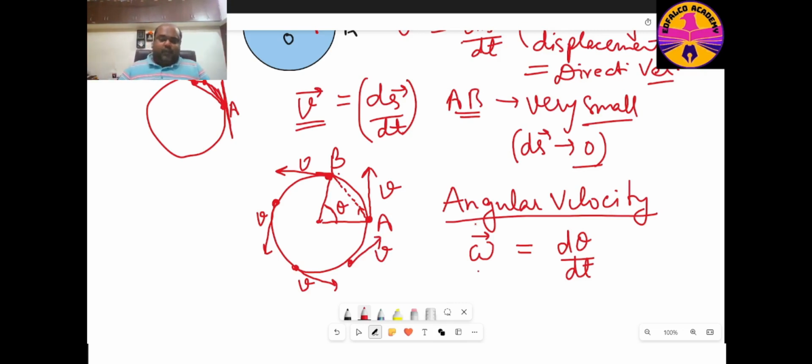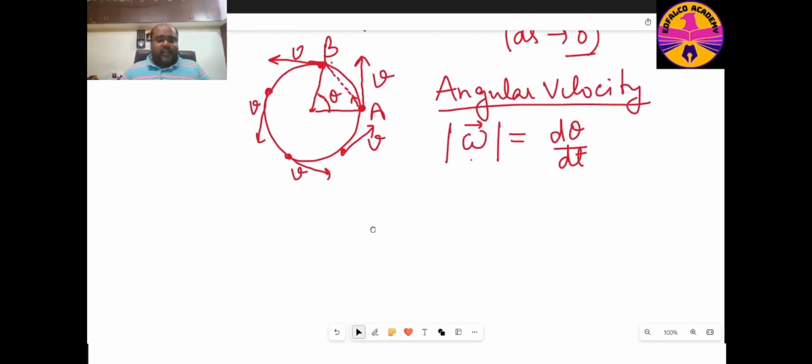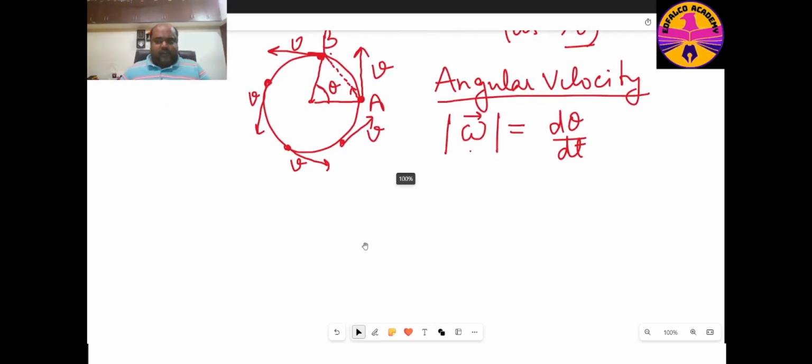We'll discuss that in more detail, but for now, let's understand the magnitude of the angular velocity. The magnitude of angular velocity is nothing but d theta by dt. So that is one important variable which we have defined when studying uniform circular motion, angular velocity.